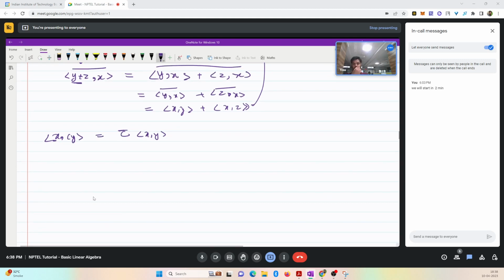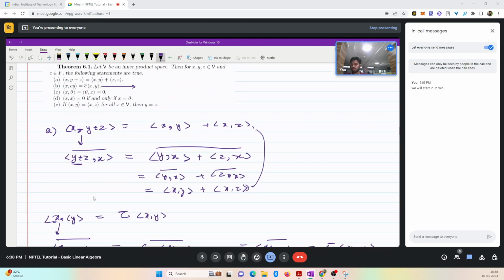This is also very easy to prove. You can write this as the conjugate of <cy, x>. This is the conjugate of c times <y, x>. This is again c conjugate times the conjugate of <y, x>. This is c conjugate times <x, y>. Right. So we are done with these two.